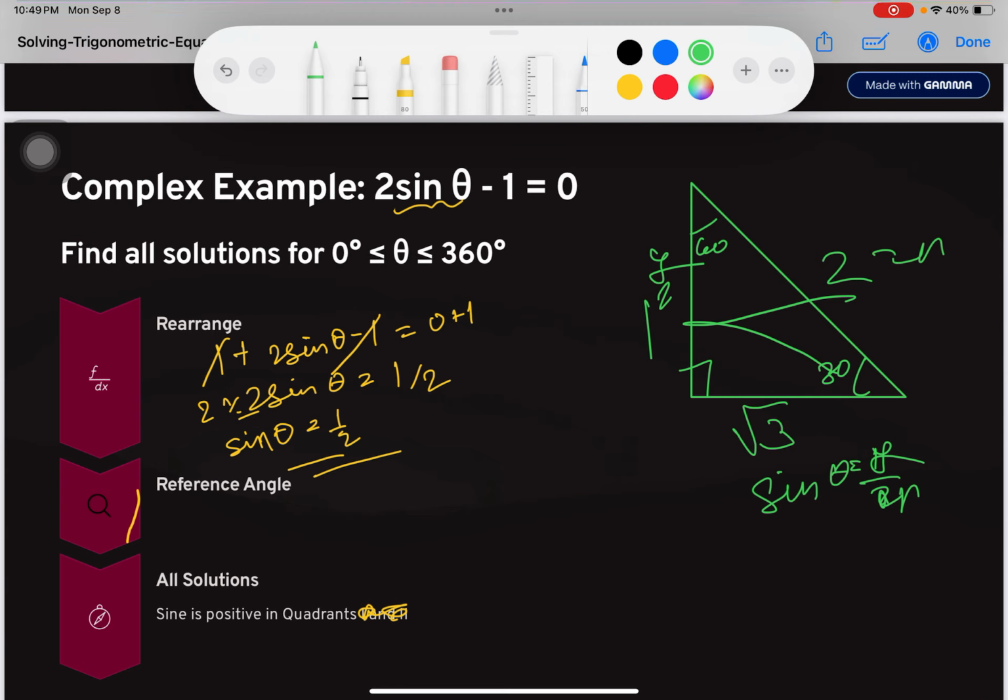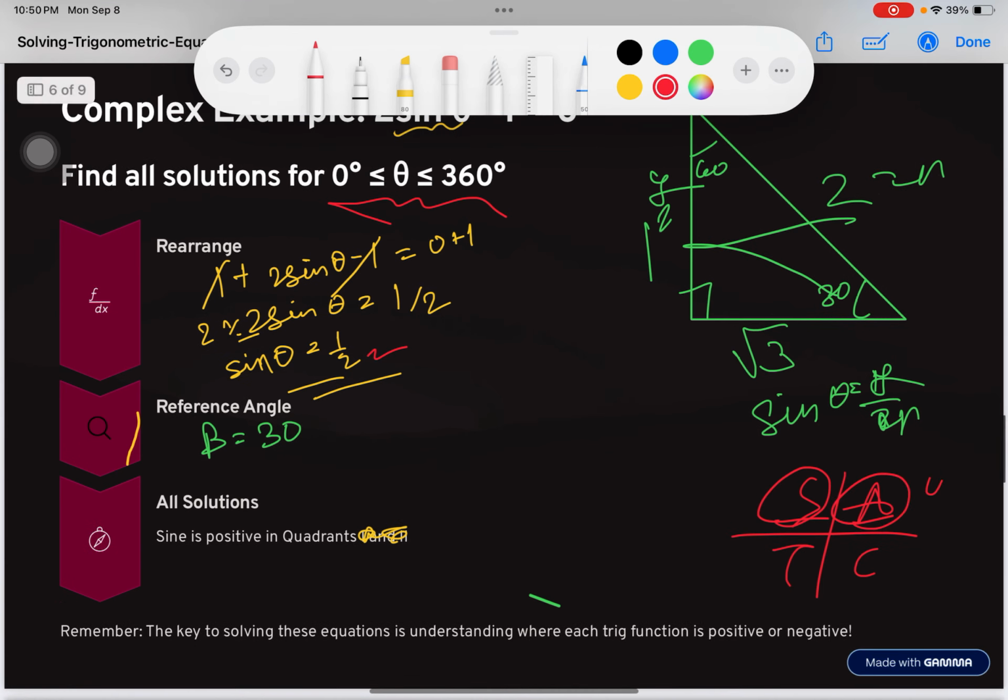So our reference angle is basically 30, so our beta value is 30 degrees. Now the cast rule. Oh, how can I forget the cast rule? Quickly, on the side, cast rule. Sine is positive, so it's quadrant 1 and quadrant 2. So my reference angle is one solution.